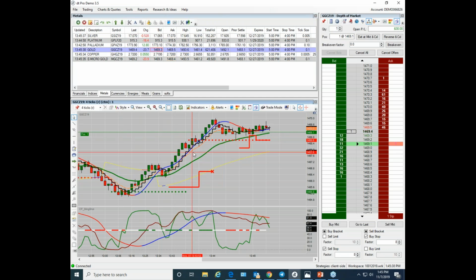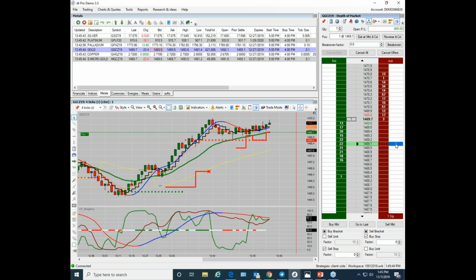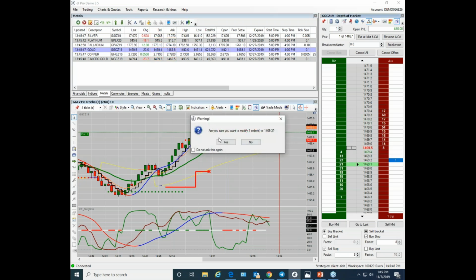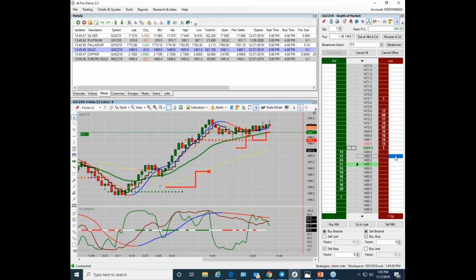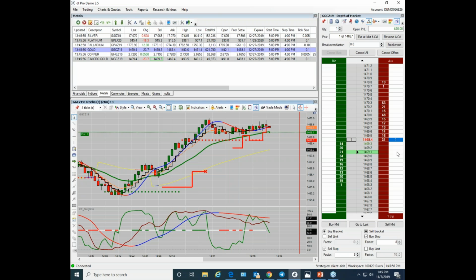I don't know what happened here. Something goofy happened and it created some chaos. So look, I'm just moving the stop up right now. I'm just moving it up.